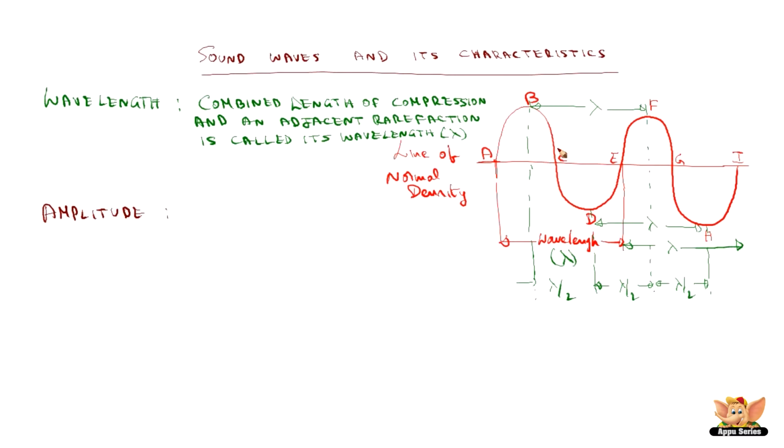It's not permanent. But the maximum displacement of the particles of the medium from their original position, because before this vibration takes place, that is called its original undisturbed position. So from its original undisturbed position, the maximum displacement of the particles of the medium when a wave passes through the medium is called the amplitude of the wave.